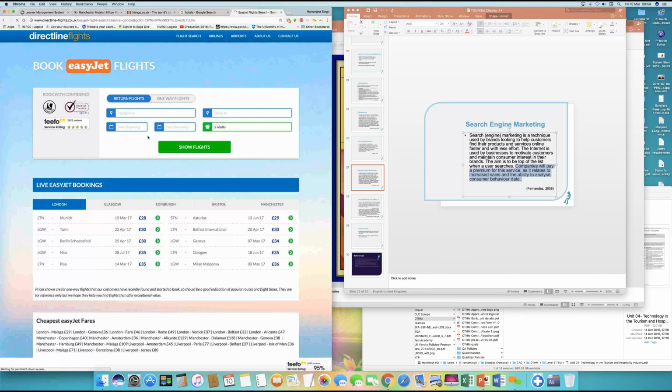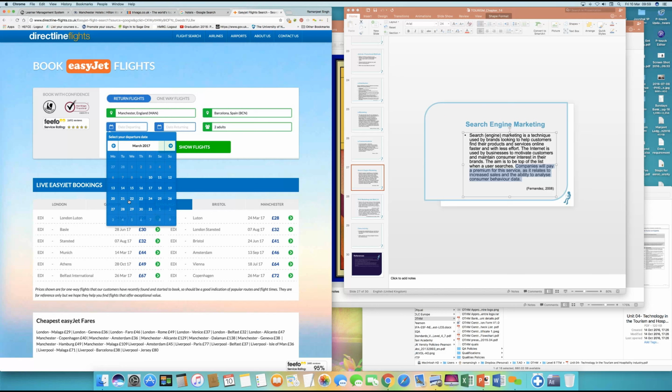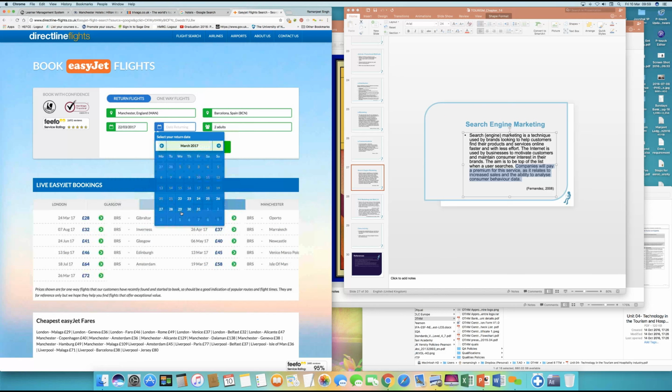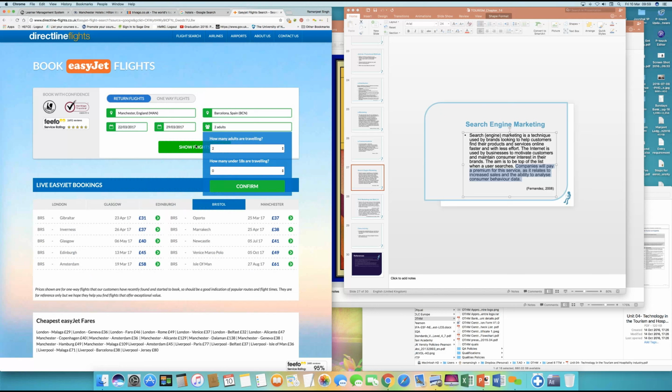So what you will see is it will give me options to book hotels and associated services. So let's, for example, I'm going on 22nd and I'm coming back on 29, 2 adults, and then show flights.